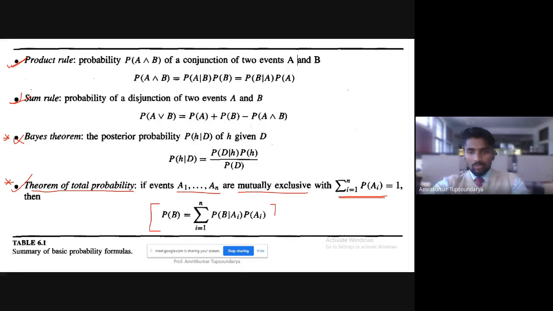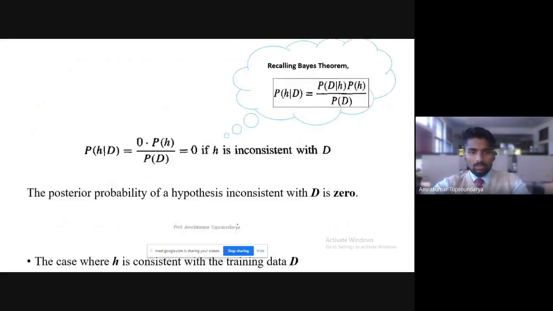So this formula becomes very important for us to derive the probability of the training data, that is D. So when we consider this formula for the theorem of total probability, let me go back to the current slide.